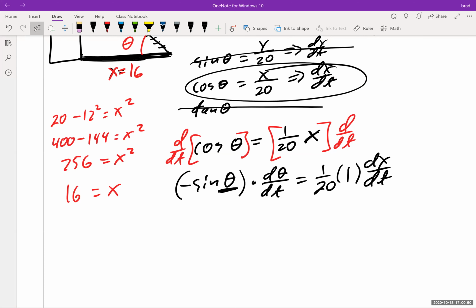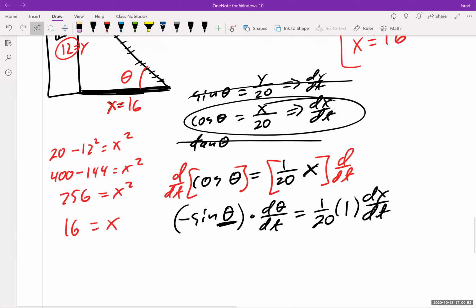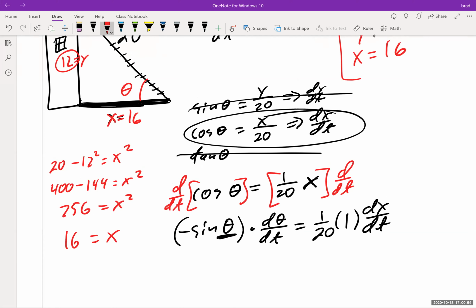So let's see here. What would sine of theta be now that we can use our "when" information? So now that we've taken the derivative, we can now use our "when" info. So let me see, sine of theta would be, SOHCAHTOA, opposite over hypotenuse.